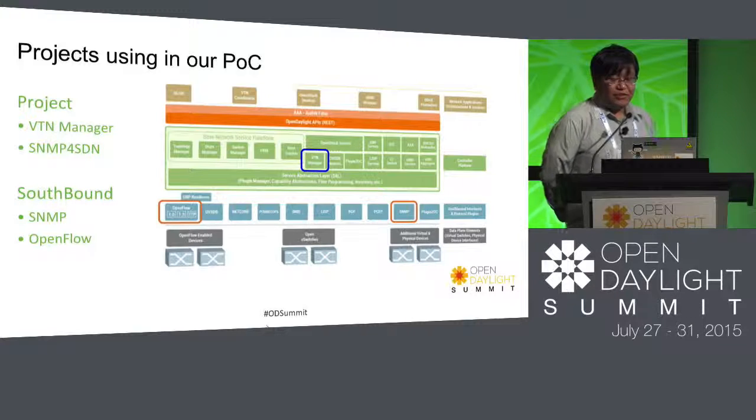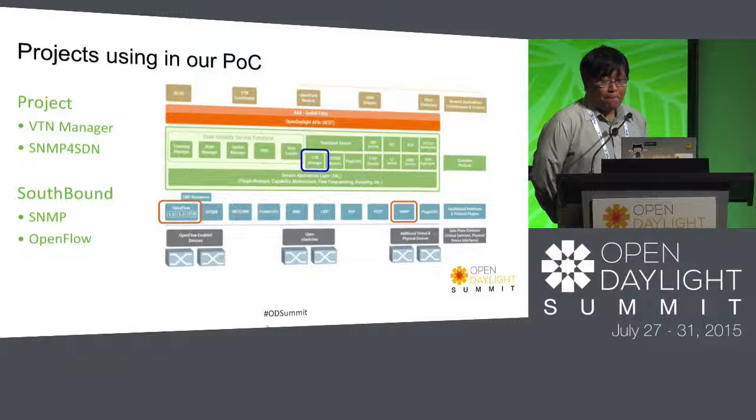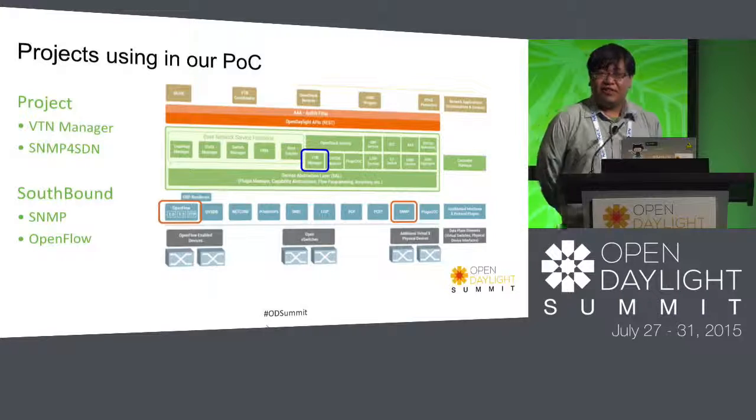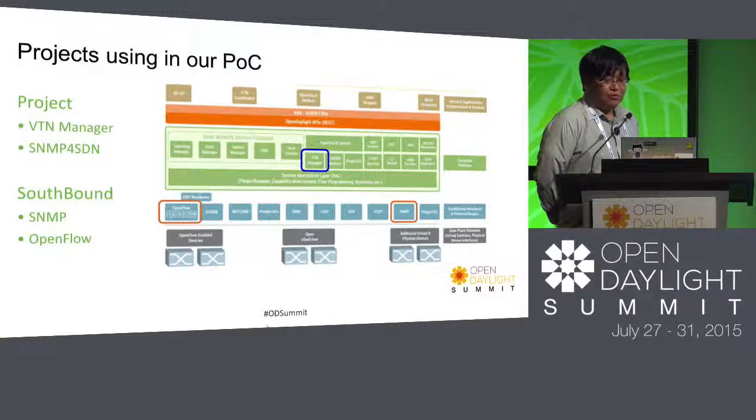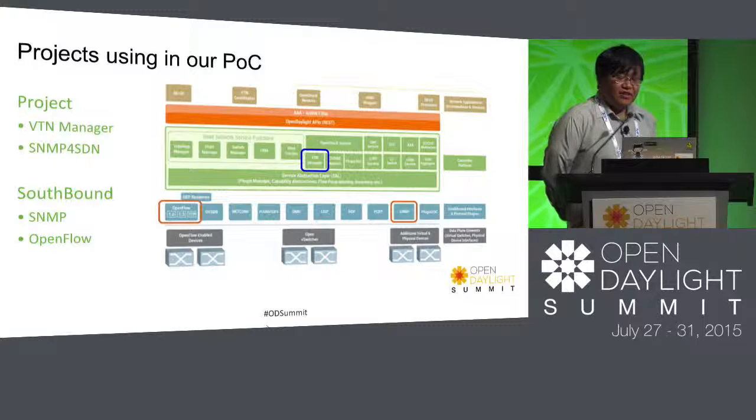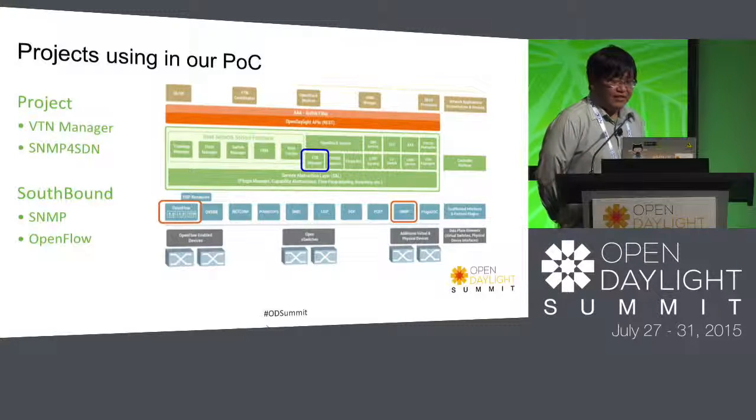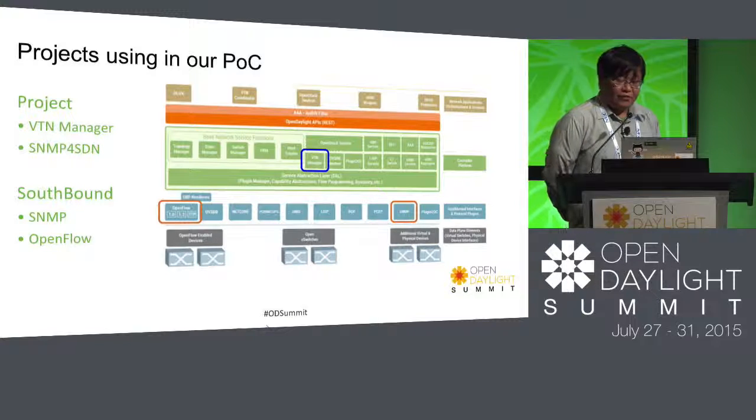I use two projects to do this. One is VTN Manager, and the other is SNMP for SDN. The reason I chose those two projects is because I want to manage the L2 switch by SNMP and manage the OpenFlow switch by the OpenFlow protocol.